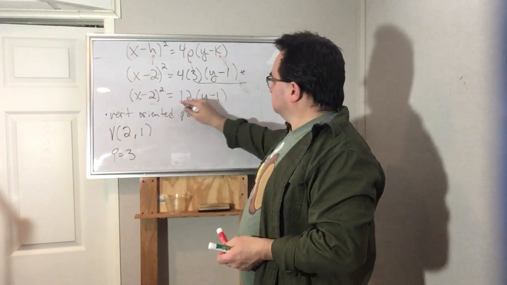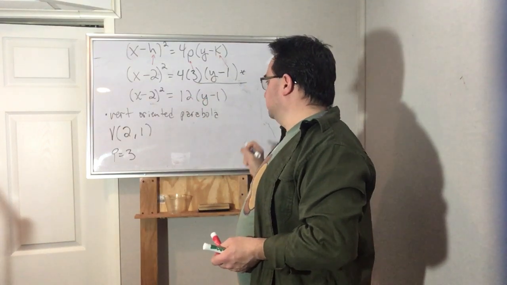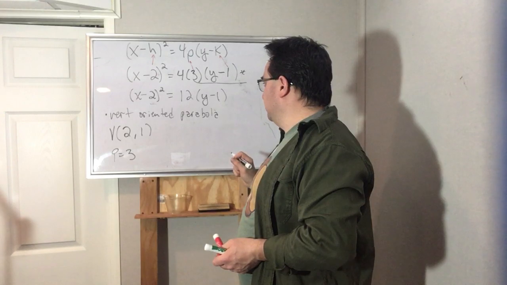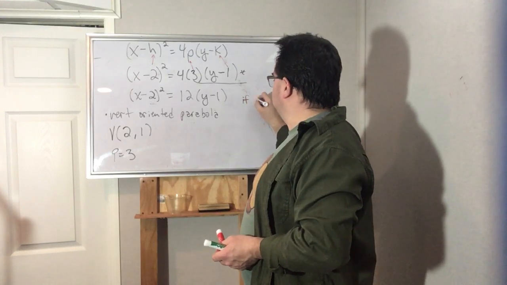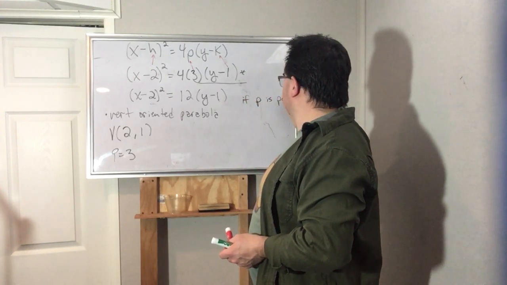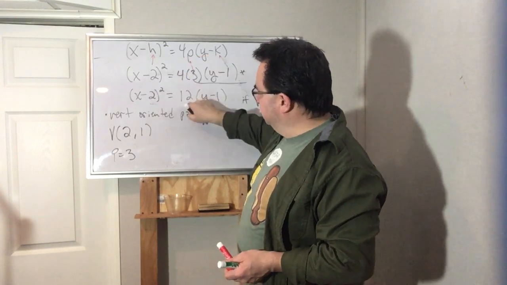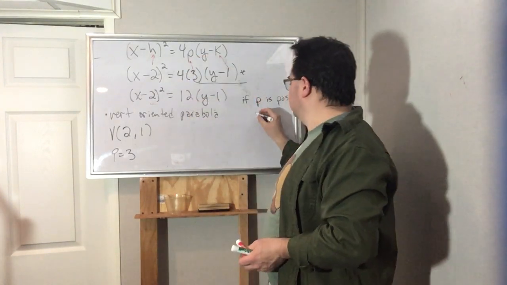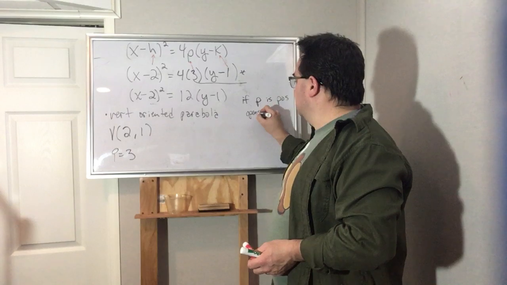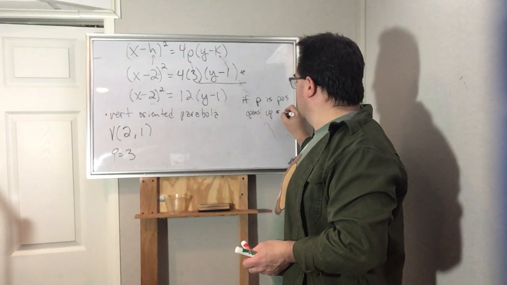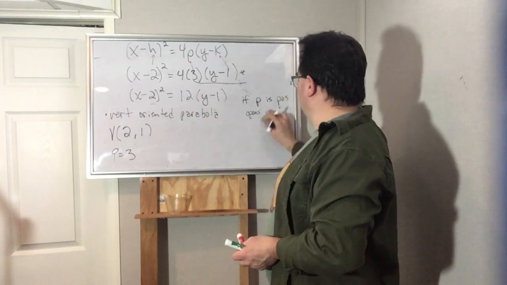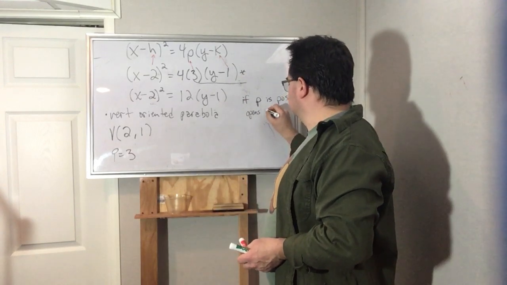So, how am I going to put this? If P is positive, if this number in this spot right here in the equation is positive, it opens in the positive direction.